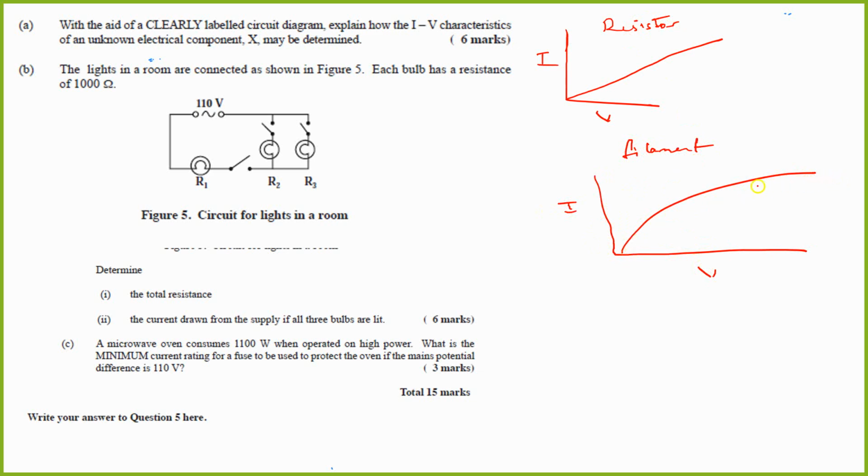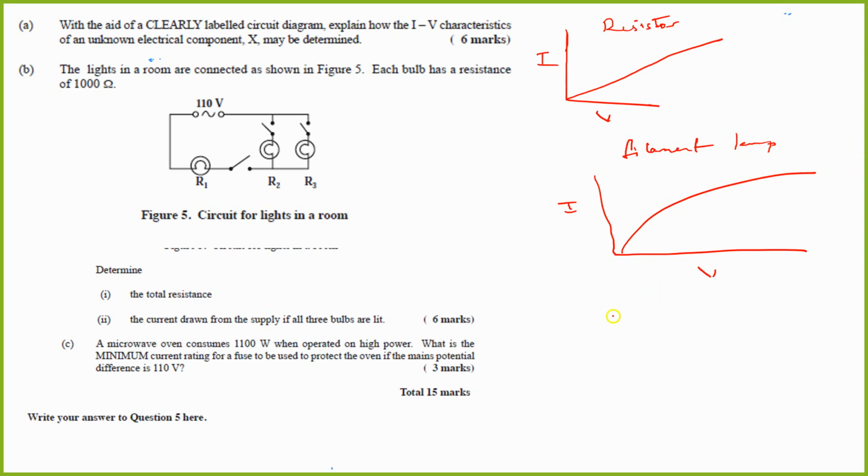At some point, with an increase in voltage, no more current will be able to flow, well, not say no more, but the current is going to remain constant at some point. So we're seeing here that the resistance is also going to be at a constant value at some point, meaning that resistance is not going to change. So different components have a different graph in itself.